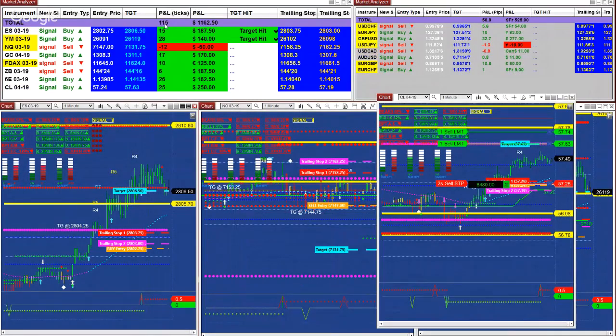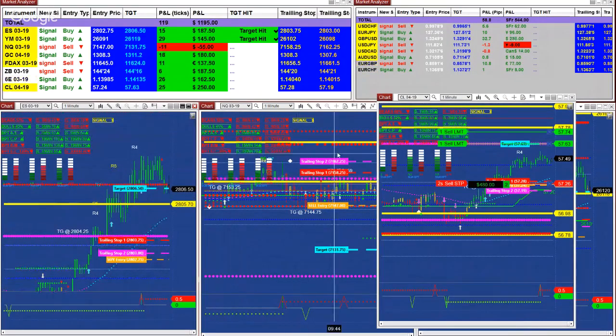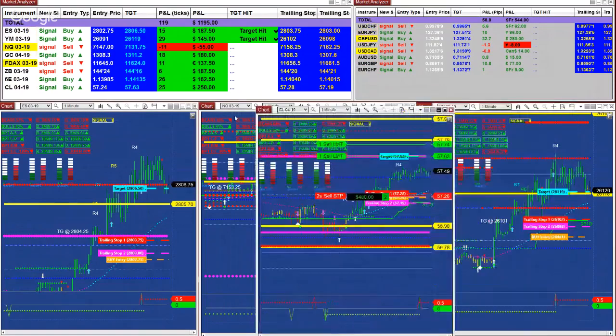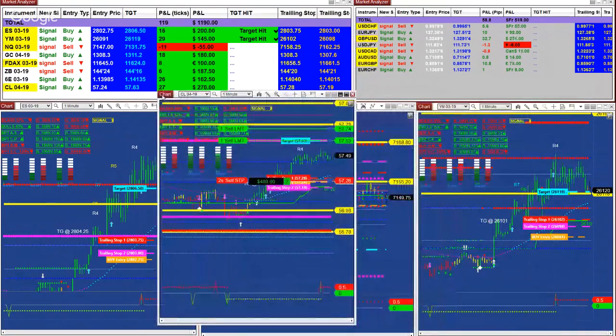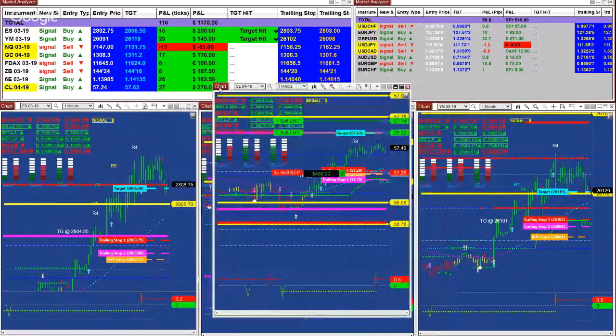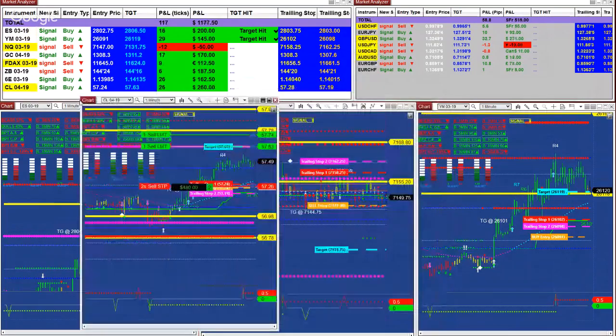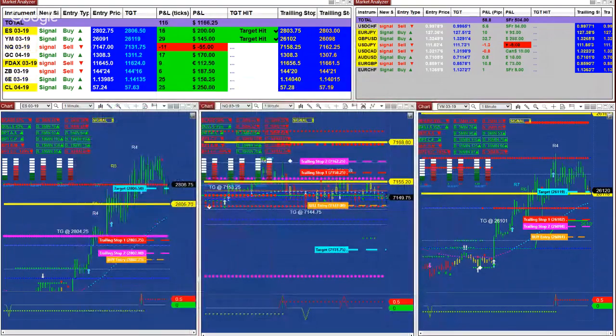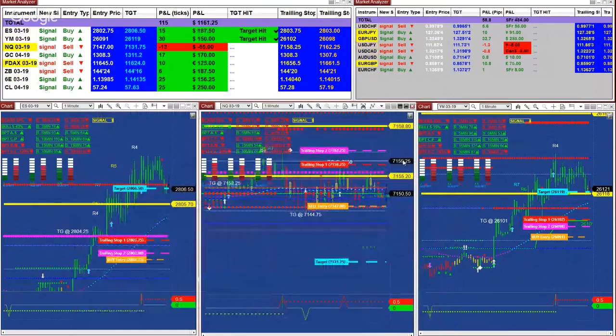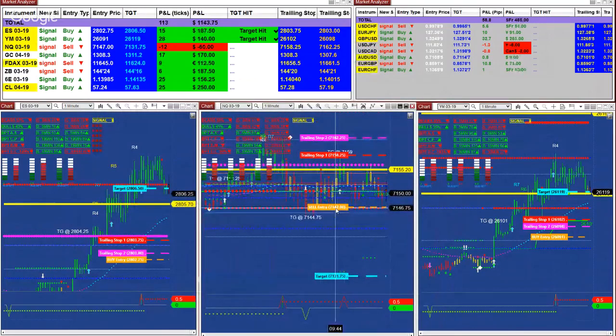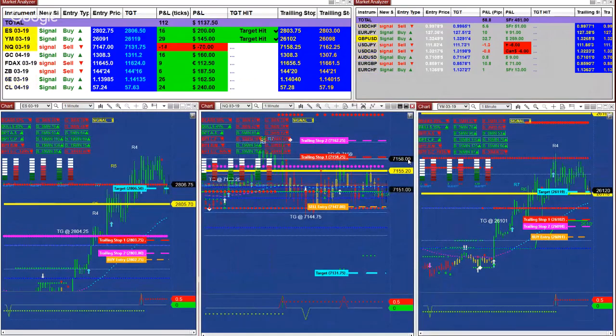As you see right now, based on one contract, we are 121 ticks into the profit, and now we are starting to lose momentum. The reason we are losing momentum on the ES is that if we look at the Nasdaq, we have a short entry on the Nasdaq, and the Nasdaq is really dropping.